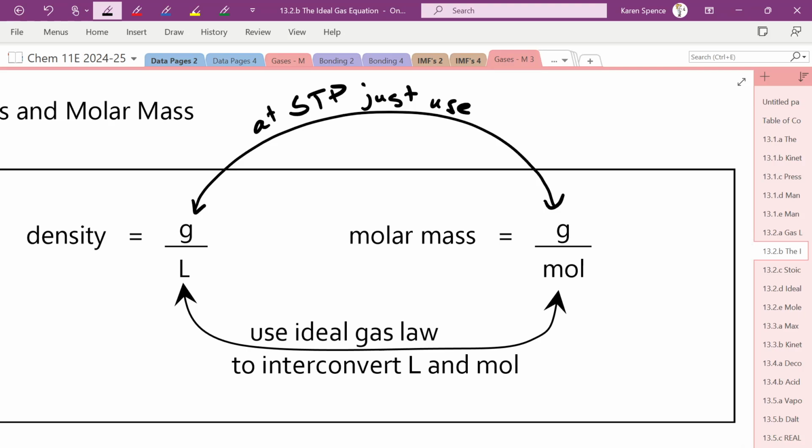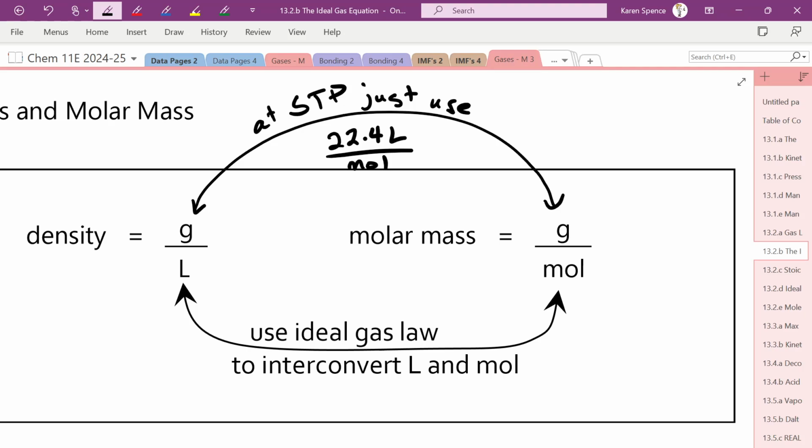The grams stay the same, but we need to interconvert between liters and moles. And what did we use when we were at STP? 22.4 liters per mole. So that was easy enough, right?